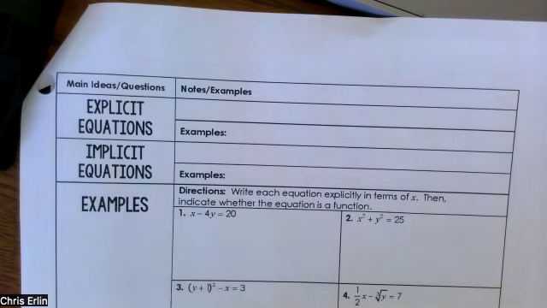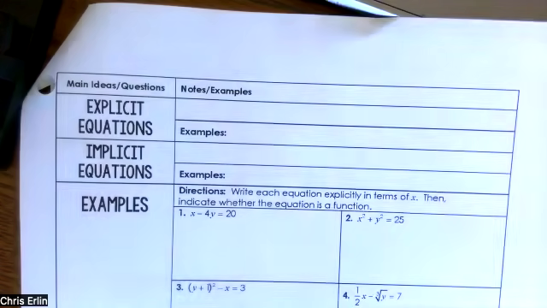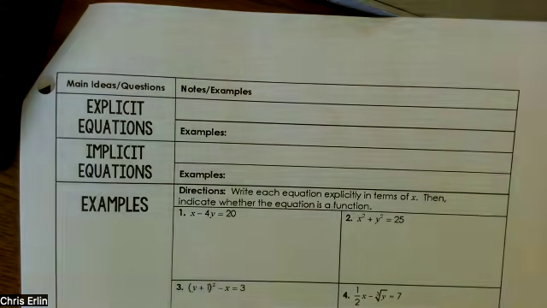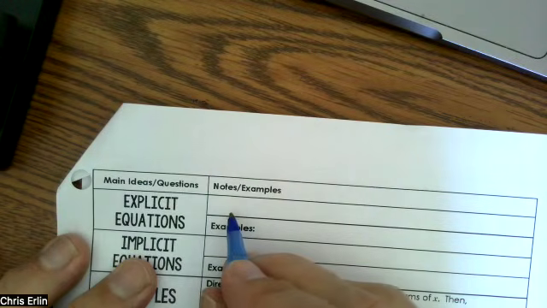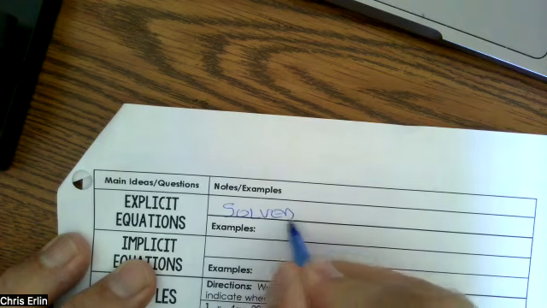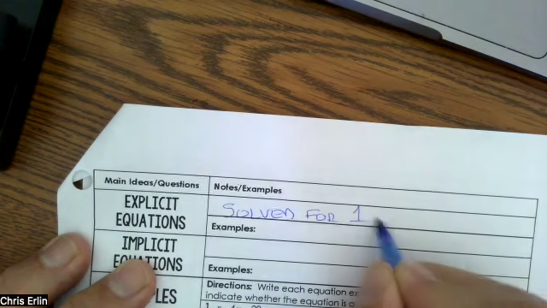Next page. We're going to be talking about implicit versus explicit equations. Explicit equations are solved for one variable.